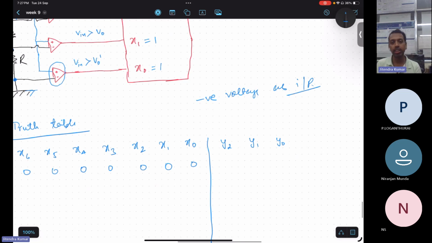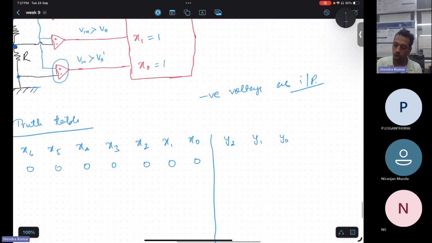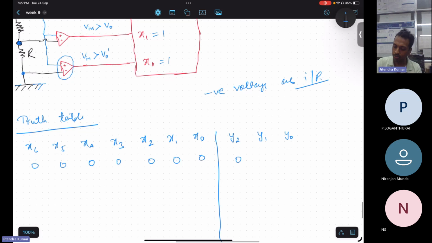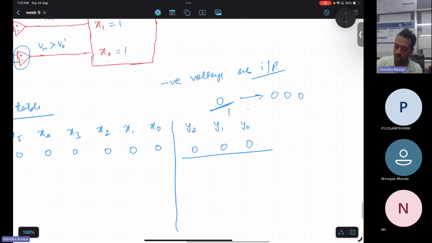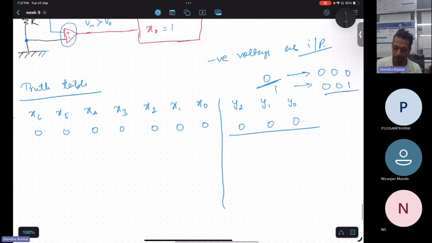Negative voltage will be lesser than 0 volt, so all the outputs will be 0. Why am I writing 0, 0, 0? Because we have 3 bits available. So how do you write 0 in 3 bits? 0, 0, 0. How do you write 1? 0, 0, 1. Like that, right?